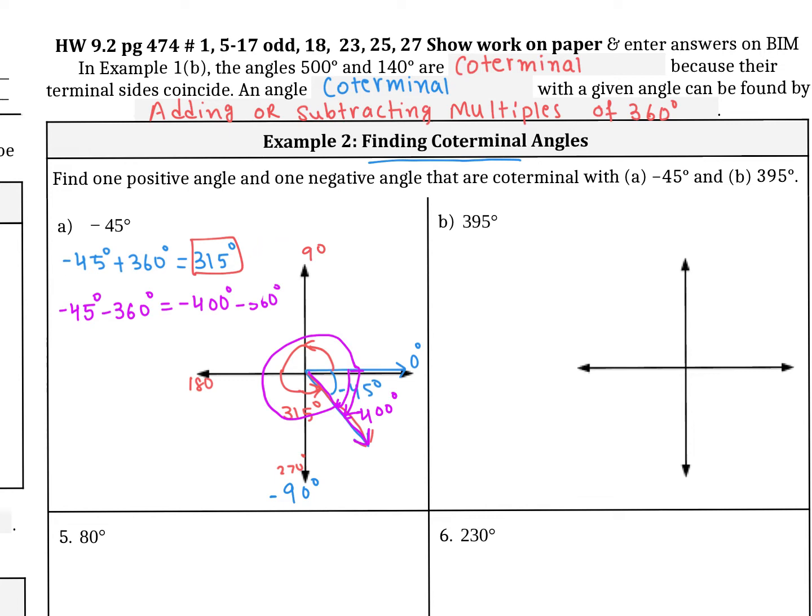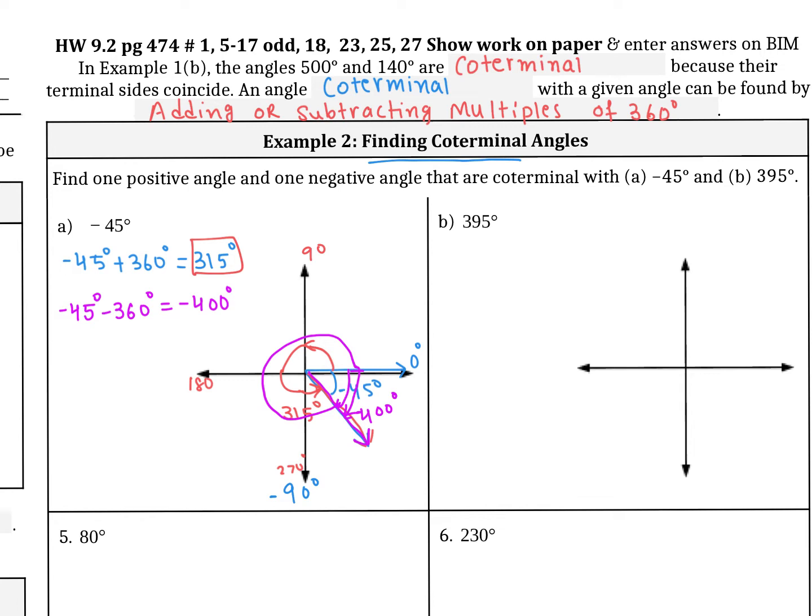So anytime you add or subtract 360, it will bring you back to the same position where you can find the same terminal as the original angle.